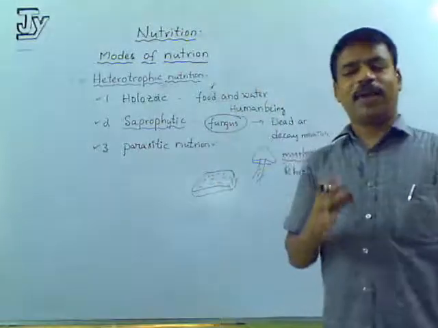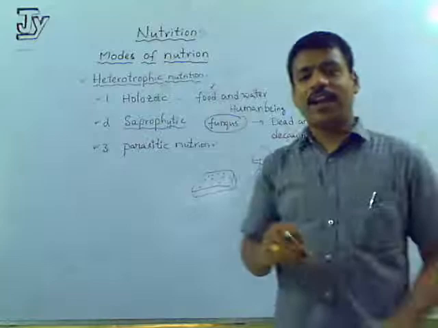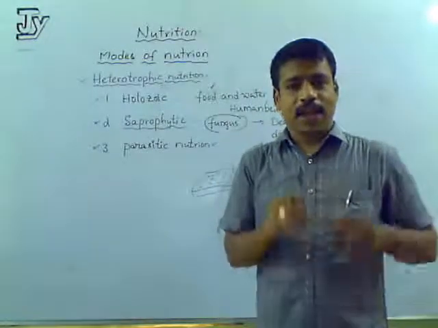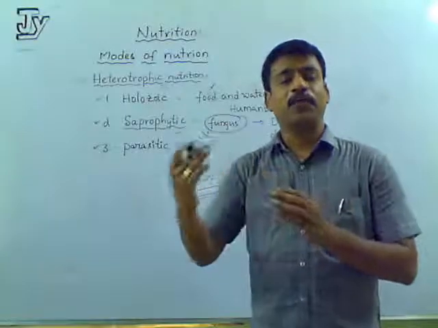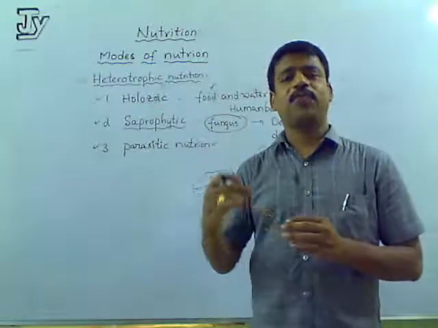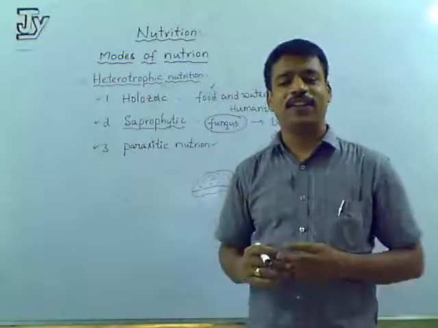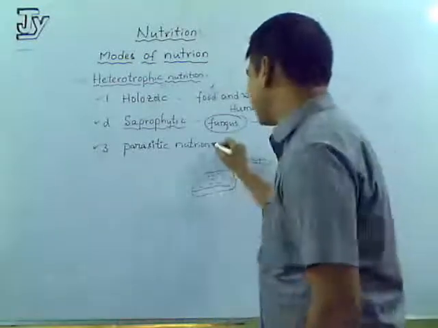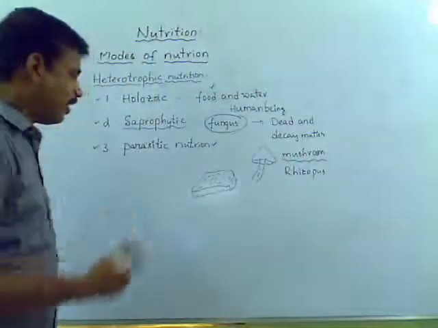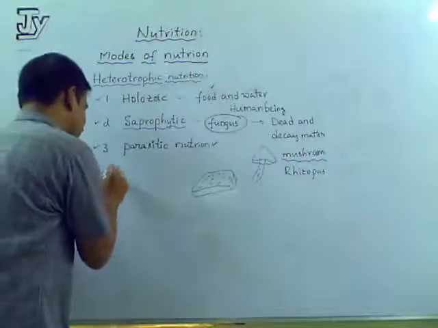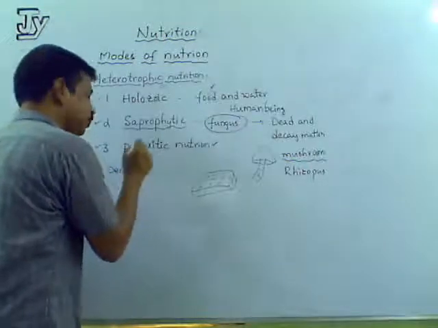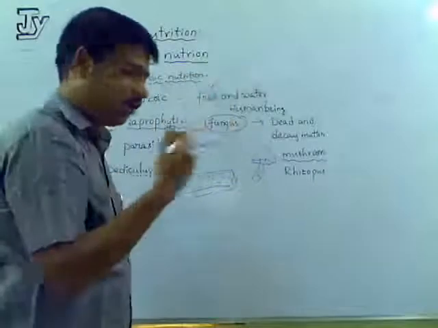And then, what is parasitic nutrition? In this type of nutrition, an organism depends on other organisms for food and shelter. The best example is Pediculus, the lice on our head.